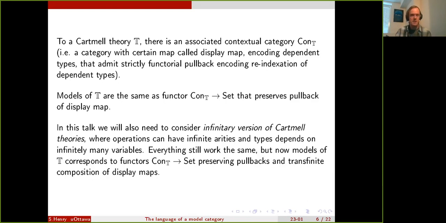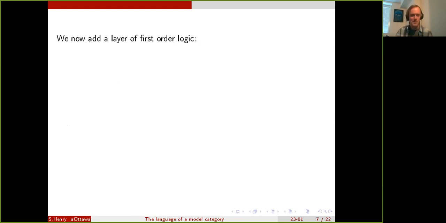The only difference is that now models are the functors that preserve both pullback along display maps and transfinite composition of display maps. So, okay, I apologize for those very quick preliminaries that were too short for people that never saw this notion before and too long for people that are already familiar. And I'll go on to the main topic of the talk.